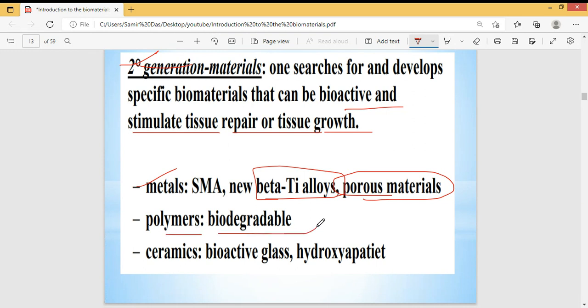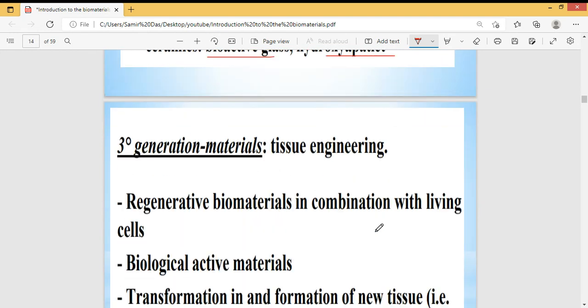Polymer based are biodegradable polymers. And last is ceramic, like bioactive glasses and hydroxyapatite. Those are second generation biomaterials.